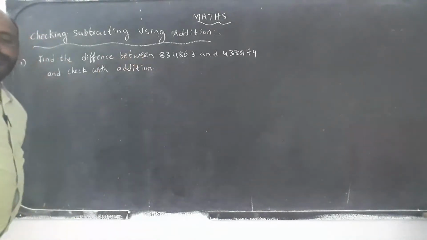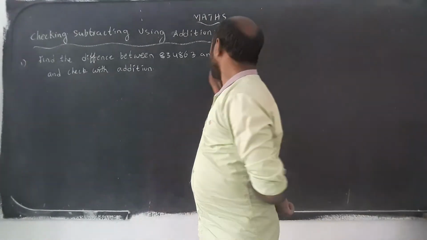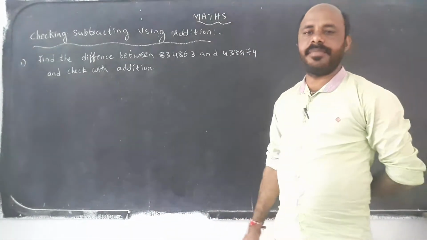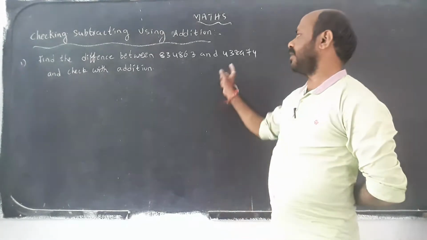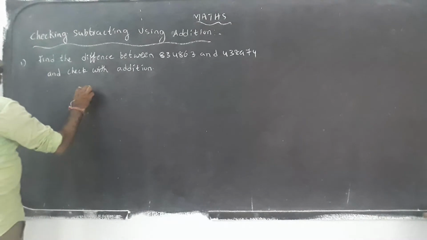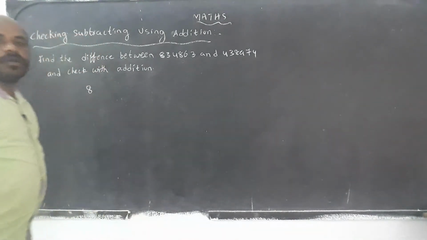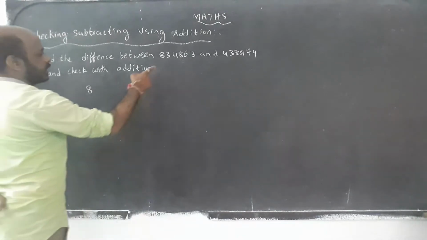Difference means we have to subtract the smaller number from the bigger number. We arrange them in the vertical or column method.